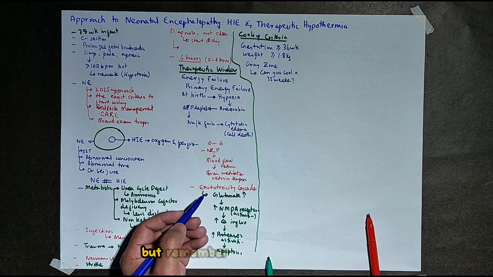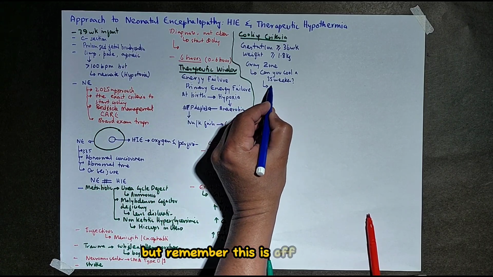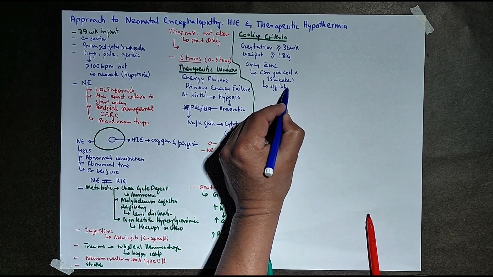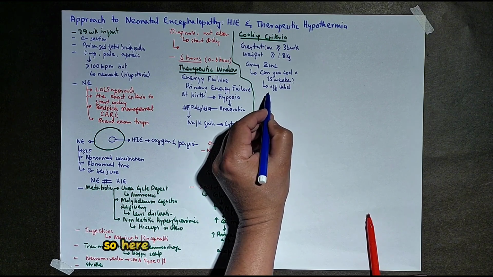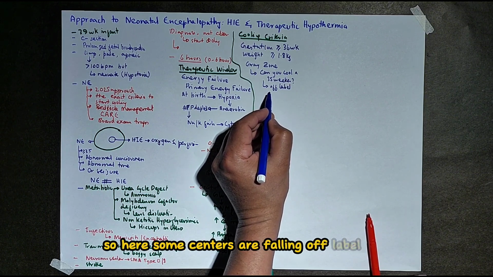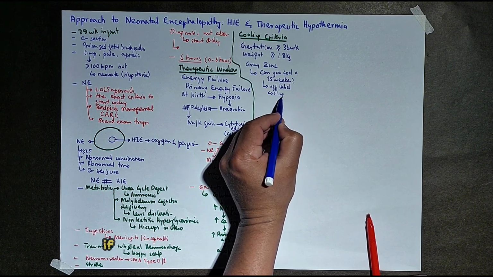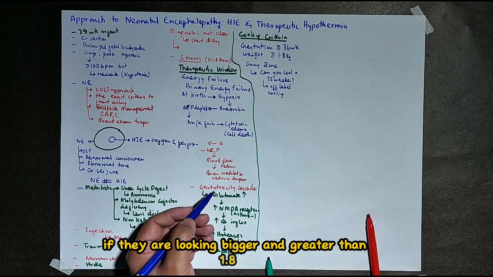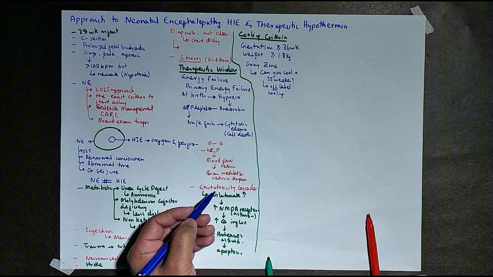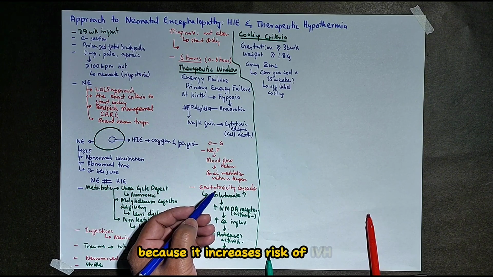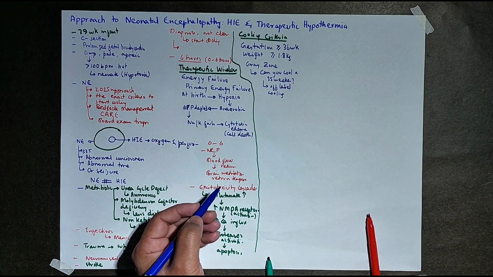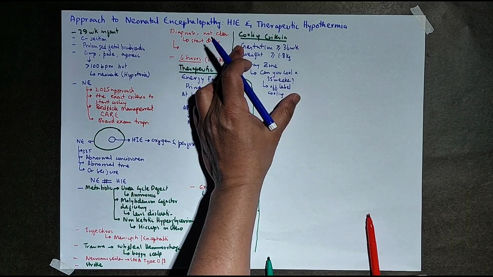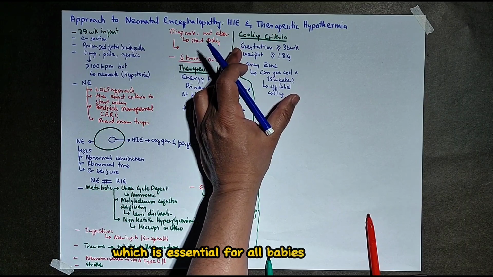But remember, this is off label. Some centers follow off label cooling if the babies look bigger and are greater than 1.8 kg, but it increases the risk of IVH. This is the criteria which is essential for all babies to meet.